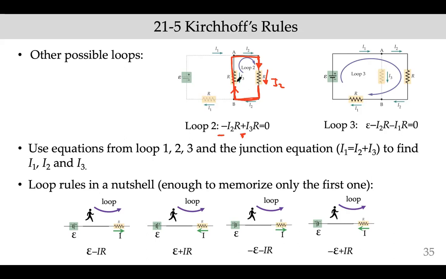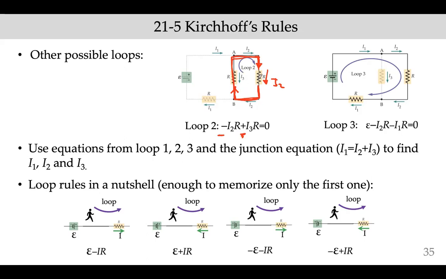So in this case, it will be I3 times R. Then you continue and go back to the starting point. So that's it. There are just two circuit elements, so you just write those two and equate it to 0, because there's no battery in this loop, so you don't write any epsilon.